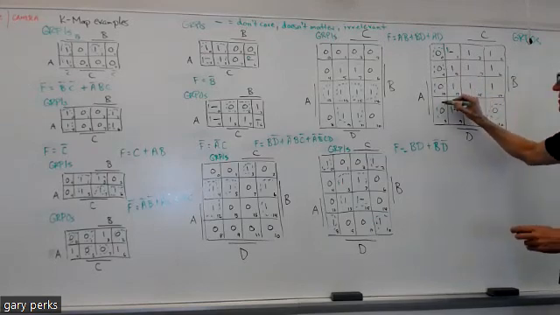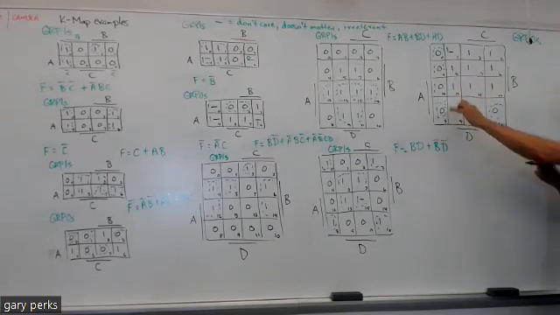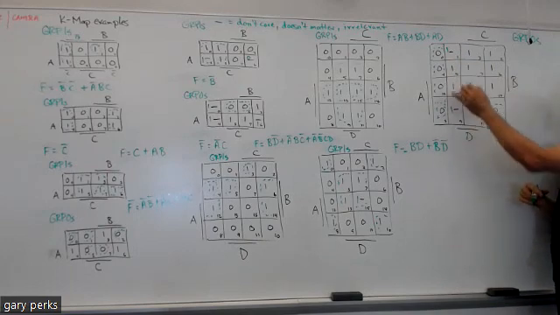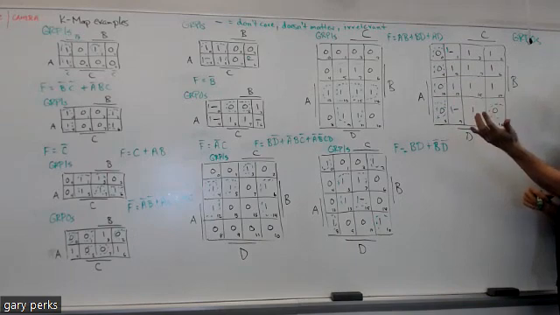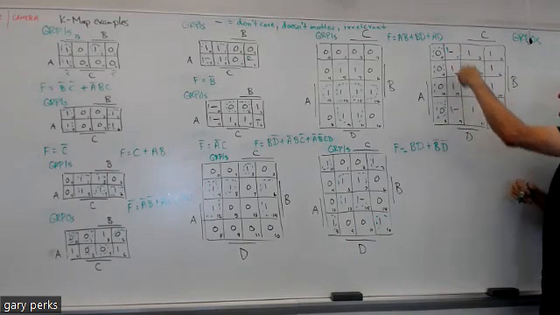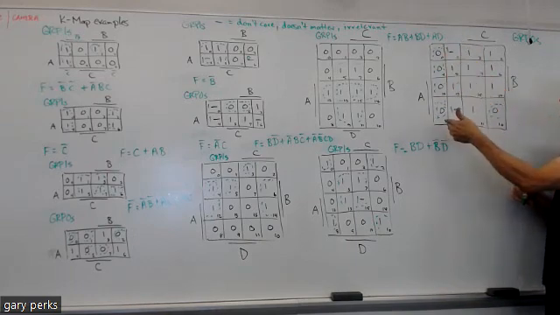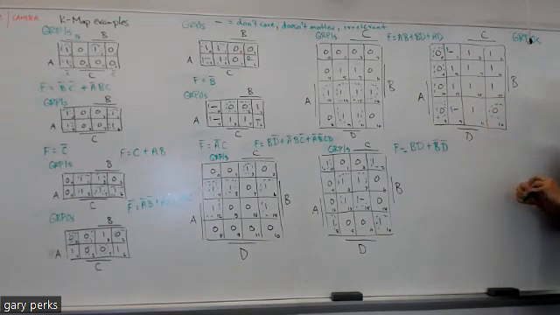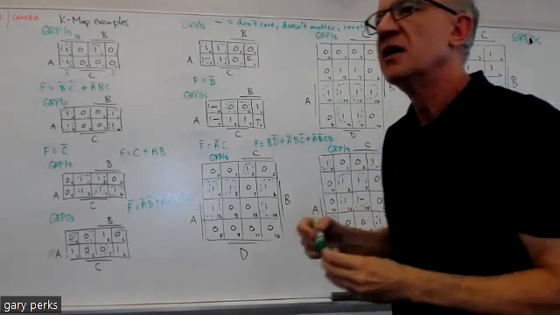Does everybody agree? Right, I would make these 1s, because if I make any of these don't cares 0, I create more groupings, which is going to create more terms. So if I make these don't cares ones, I just have this 4 grouping here and this 2 at the bottom right.